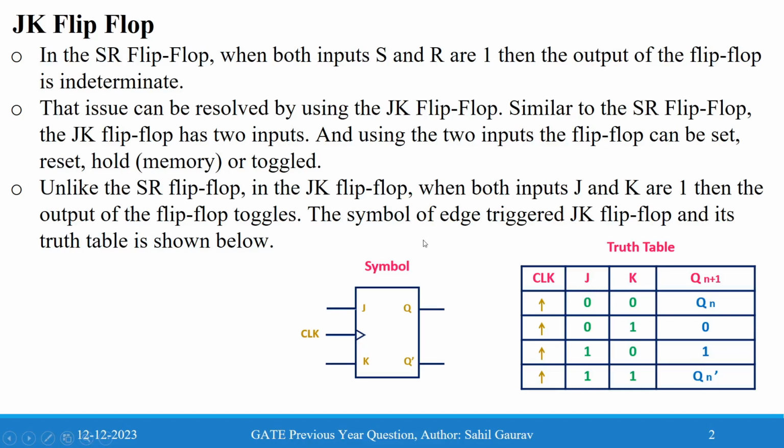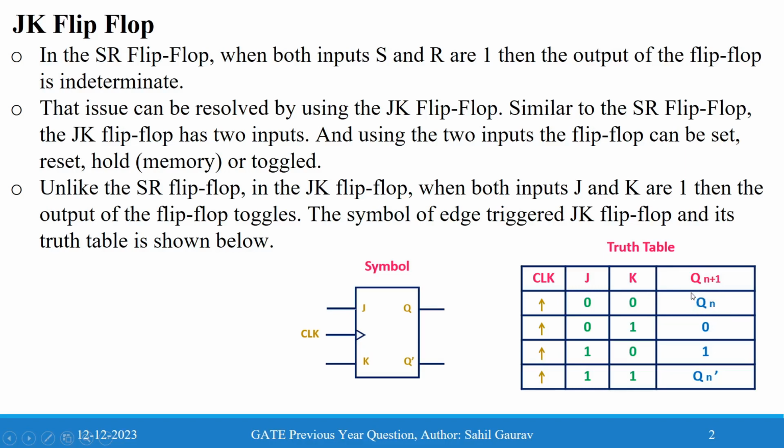The symbol of the edge triggered JK flip-flop and its truth table are shown here. If J and K are equal to 0, then the output of the JK flip-flop holds its previous state, the memory.